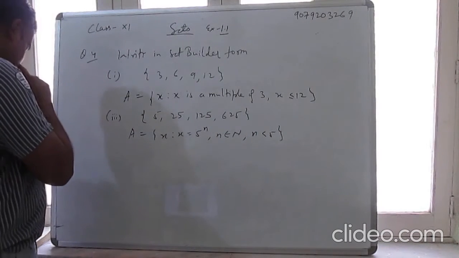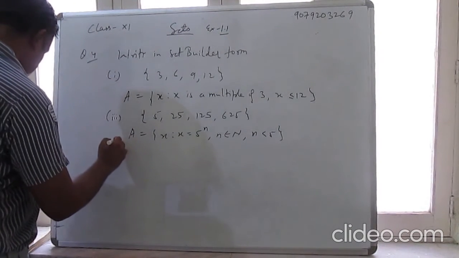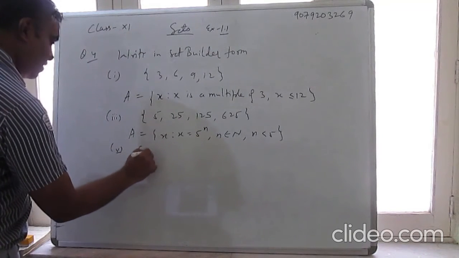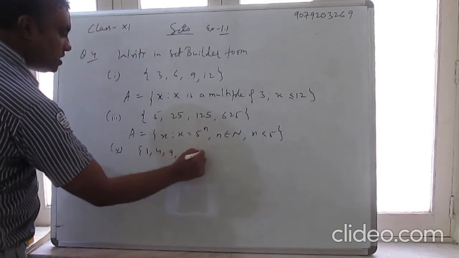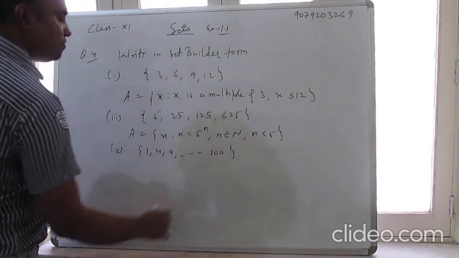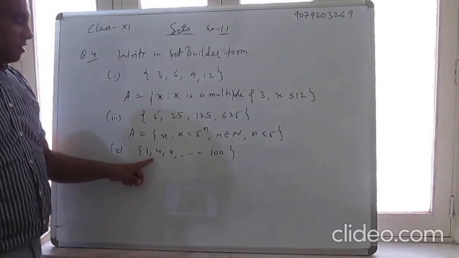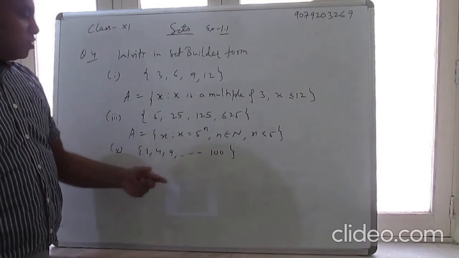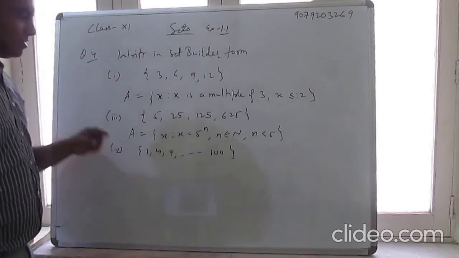Now I will take question number 5: 1, 4, 9, ..., 100. What is it? Square of 1, square of 2, square of 3, square of 4: squares of natural numbers.